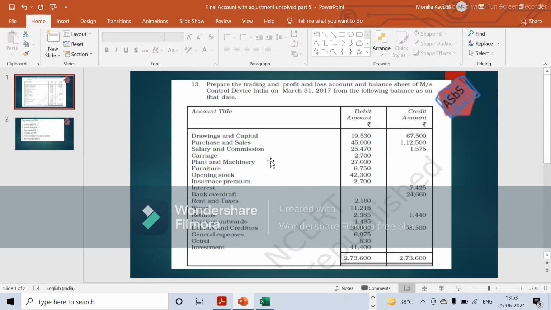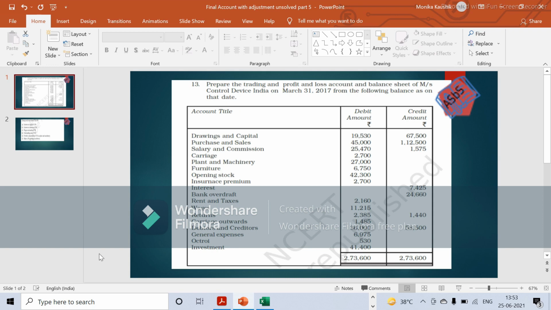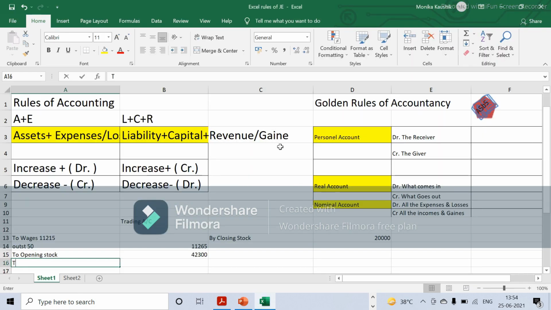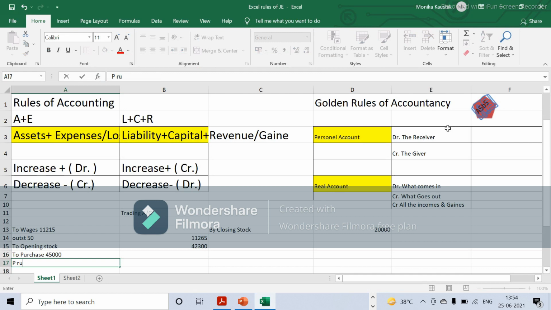Now next, first of all, opening stock. Let's find out where the opening stock is given. So opening stock is here, 42,300. To opening stock, 42,300. Next one, start from the top: purchase. To purchase, we have to write down the net purchases. So 45,000. Out of this we have to deduct the purchase return.